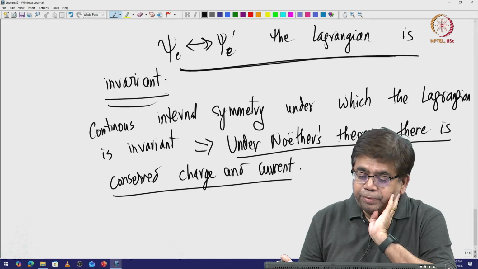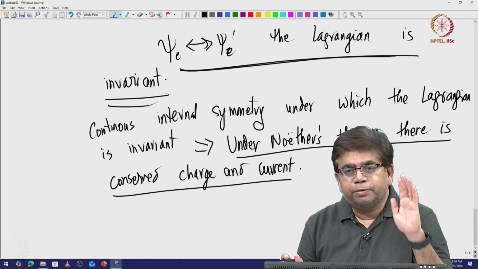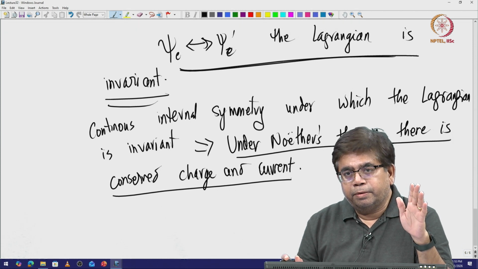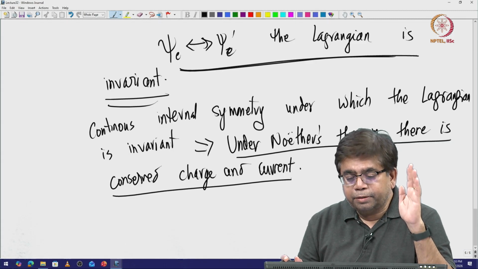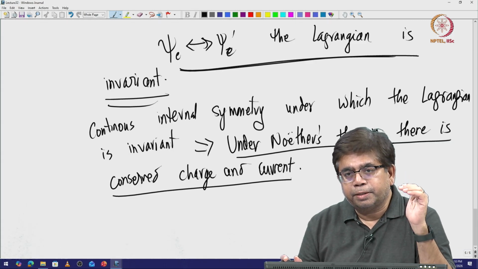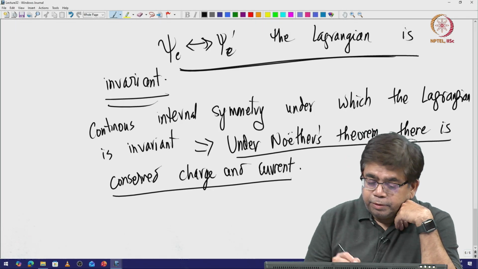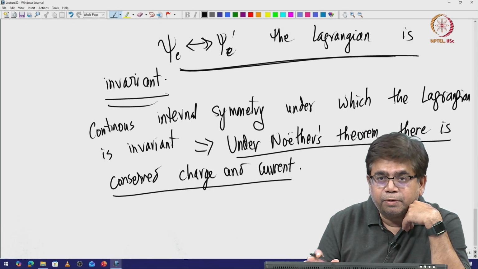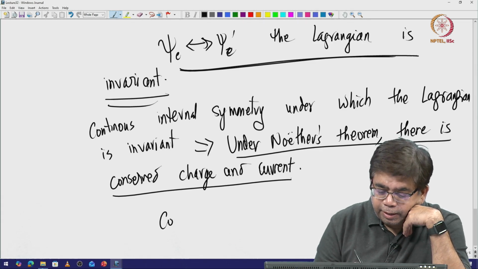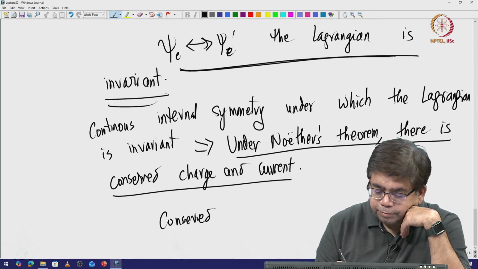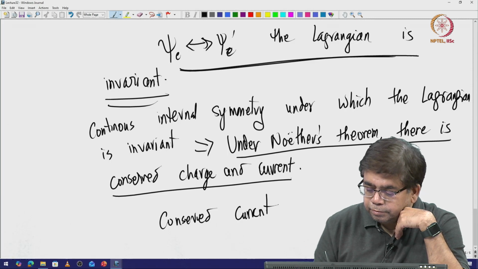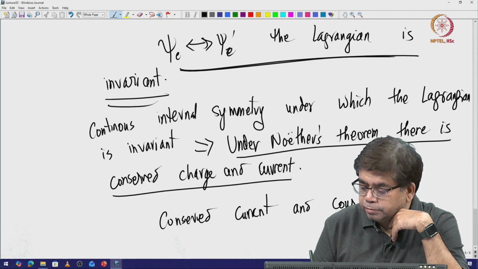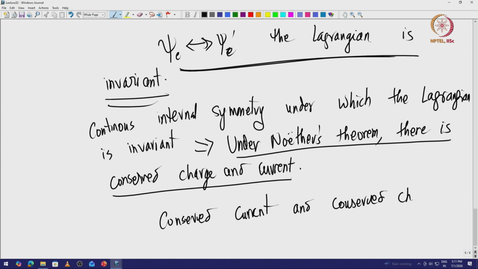Noether's theorem only works for continuous symmetries and the converse may or may not be true, but there is always a conserved charge associated with a continuous symmetry essentially. So, in this case what is the symmetry? The symmetry is this arbitrary phase transformation, which is global, and the conserved current and conserved charge are nothing but the electric charge and current.